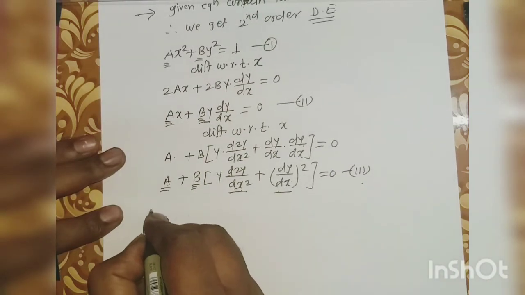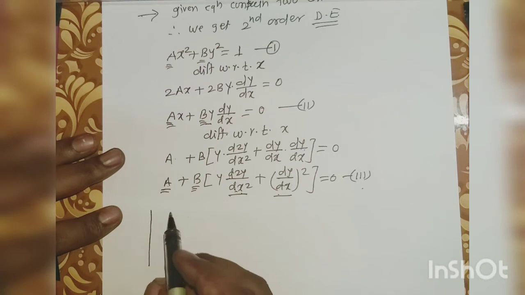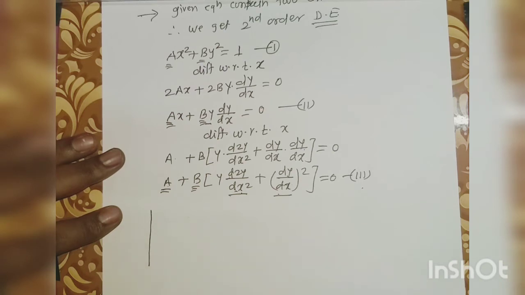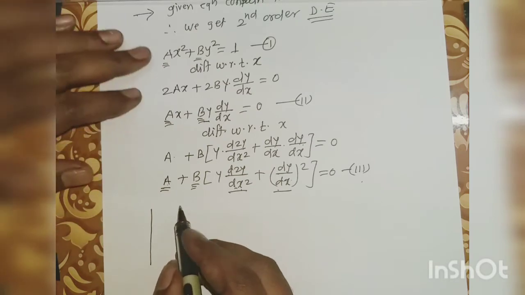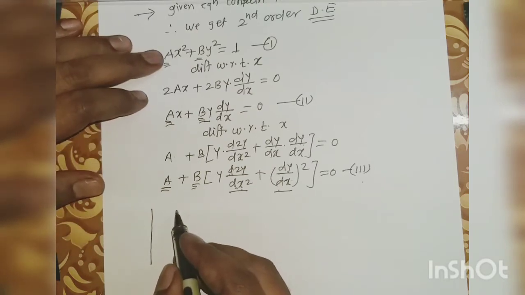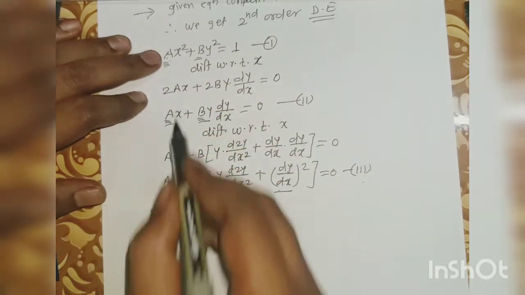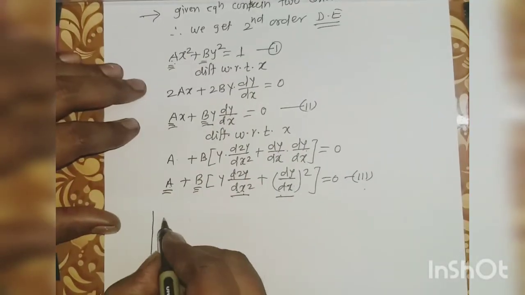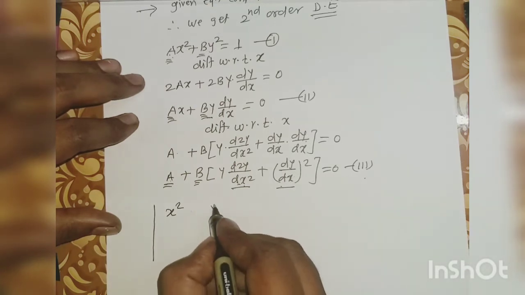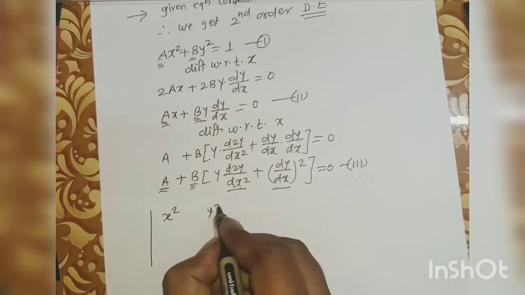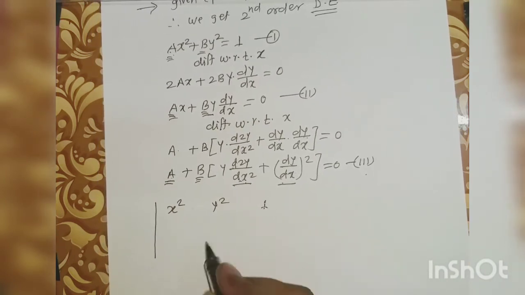If we eliminate a and b, then the determinant of the coefficients of the variables and the constant term is equal to 0. Here the variables are a and b, not x square. In the first equation, the coefficient of a is x square, the coefficient of b is y square, and the constant term is 1.